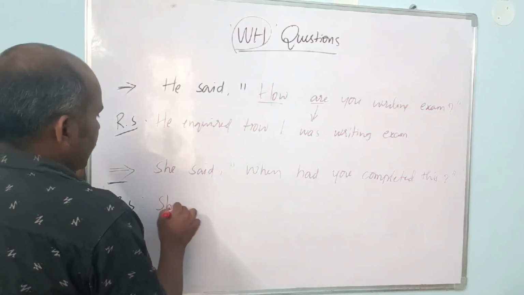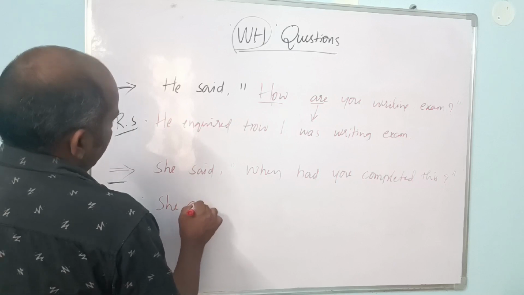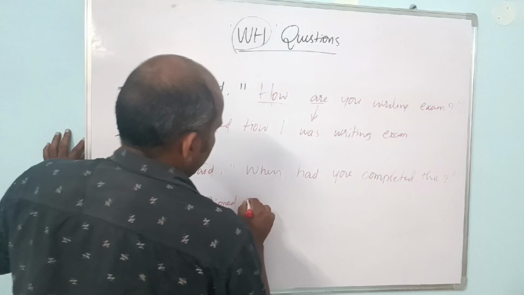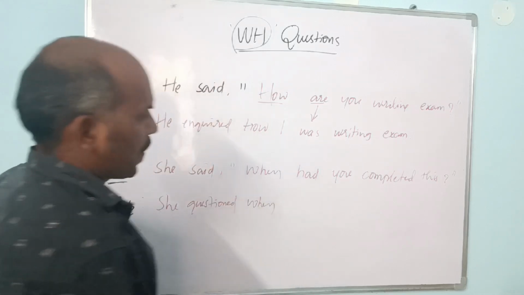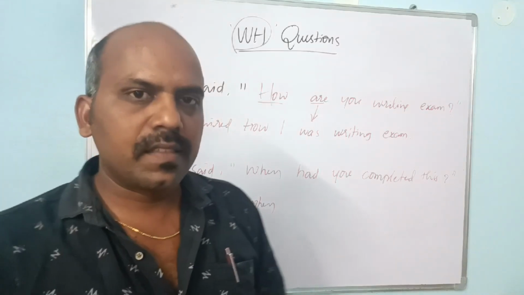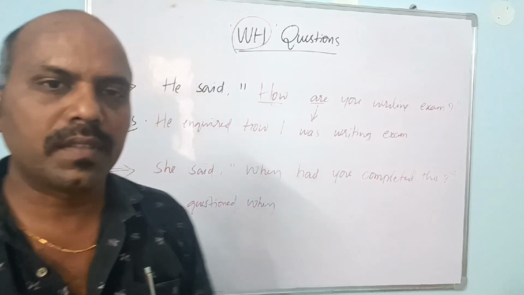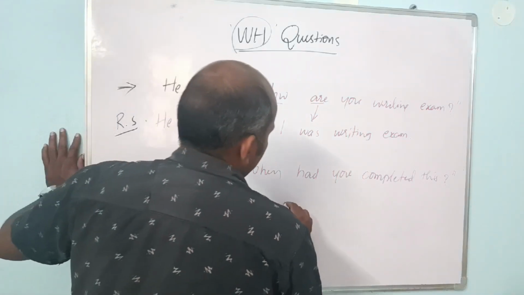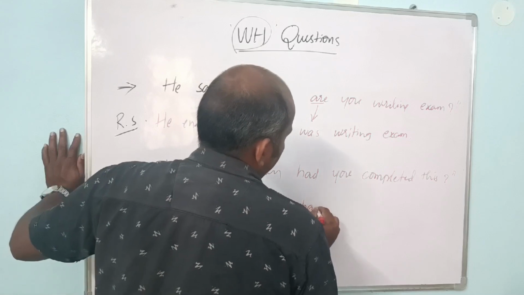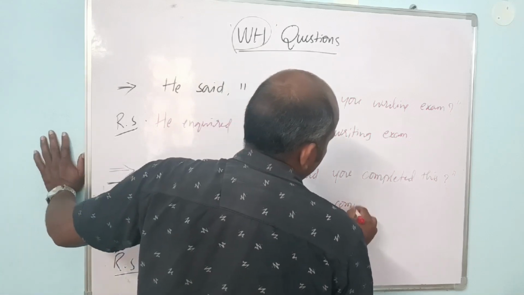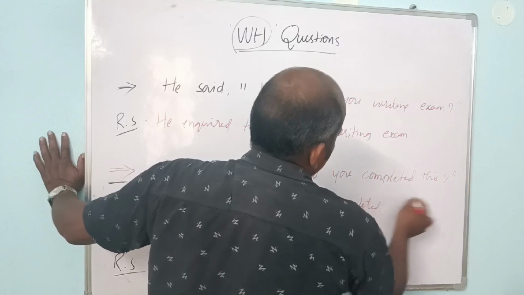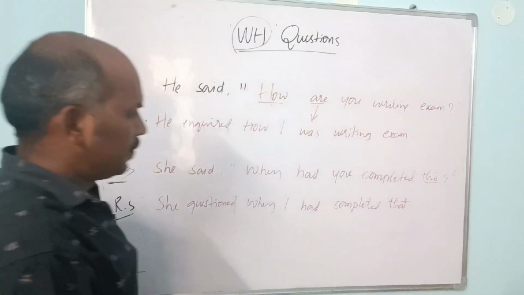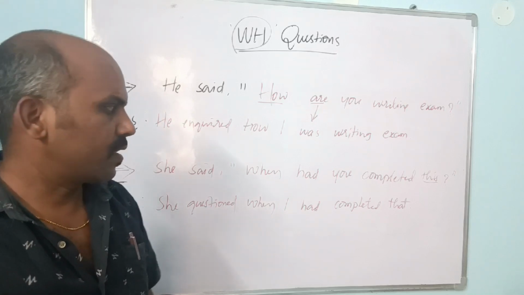Then she questioned when. Now past perfect tense changes, according to the rules, into the same tense, past perfect. Then she questioned when I had completed. This changes into that. When I had completed that.